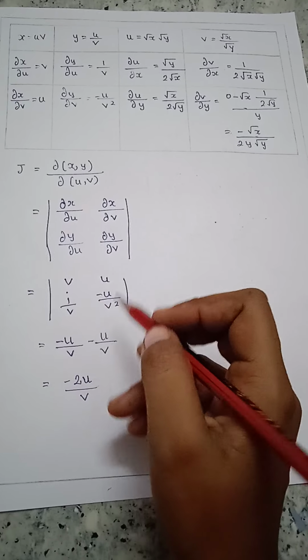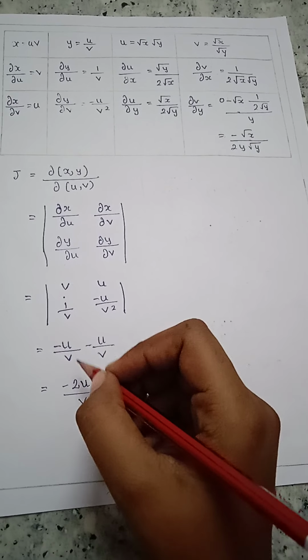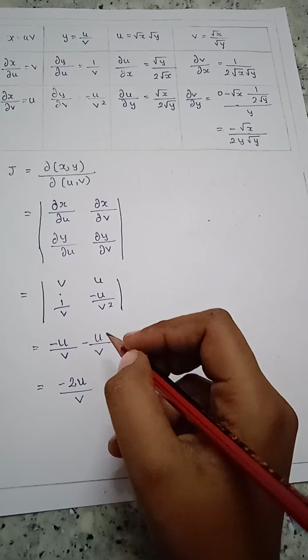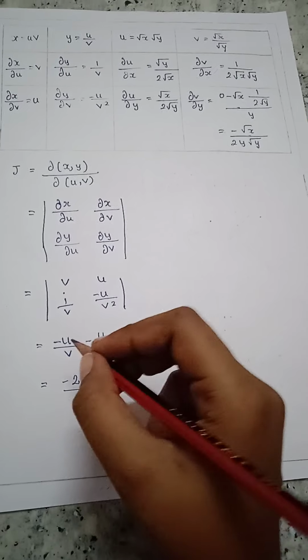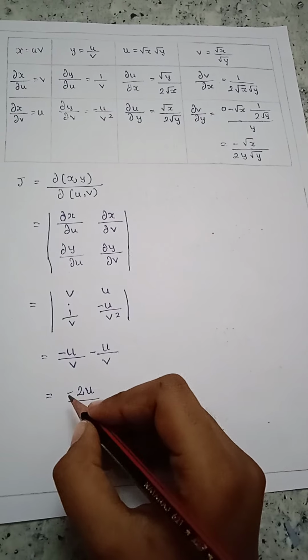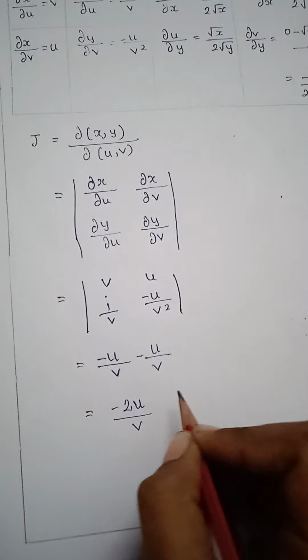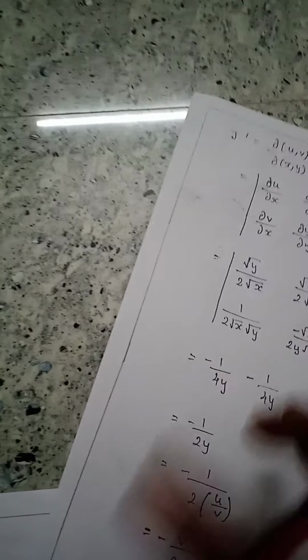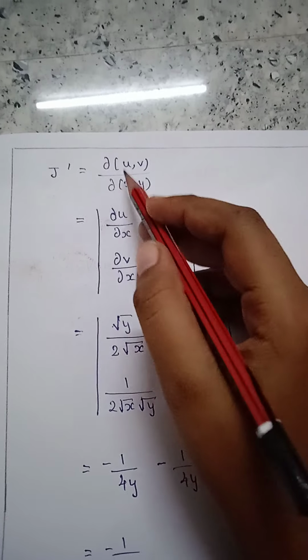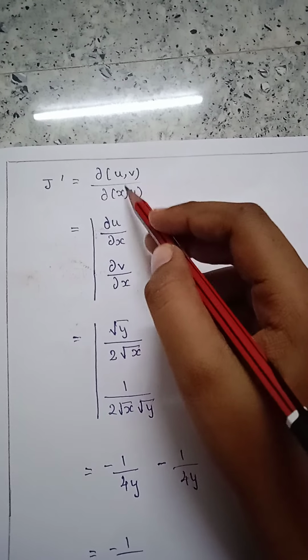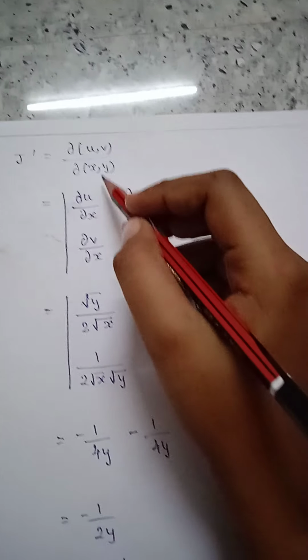While cross multiplying, we get minus u divided by v minus u divided by v, which is minus 2u divided by v.